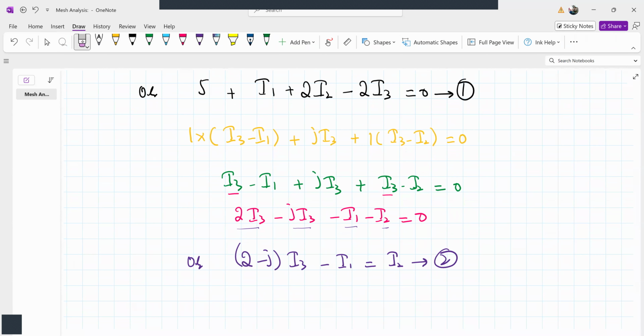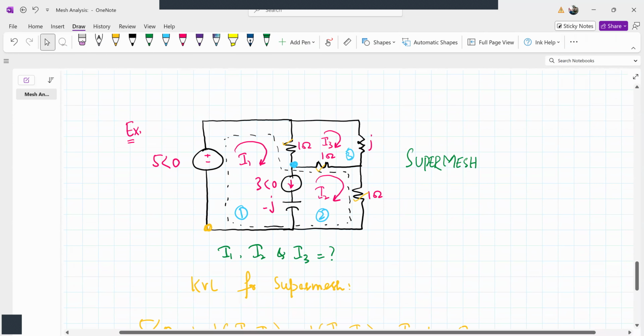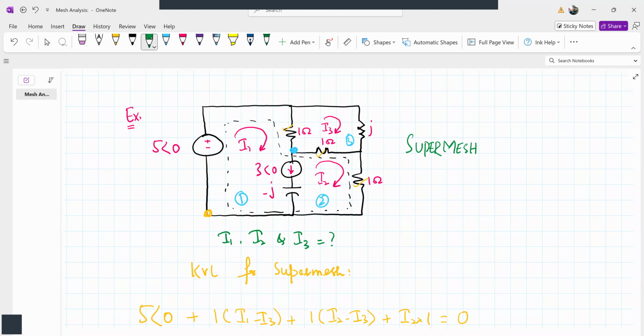Now we have two equations and three unknowns. So this is a difficult task to solve analytically. So we need one more equation. Now, how are we going to write one more equation from this mesh? If you look at this branch, that is the 3 ampere current source, the current is going in the downward direction. If you apply KCL on this branch, KCL is applicable at any point, branch or node.